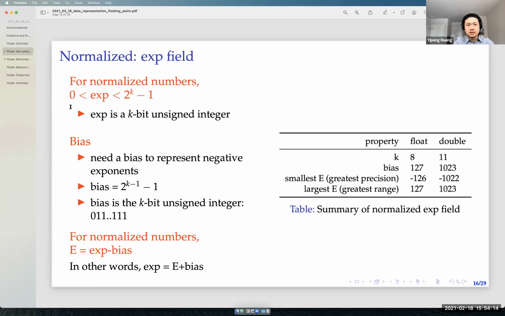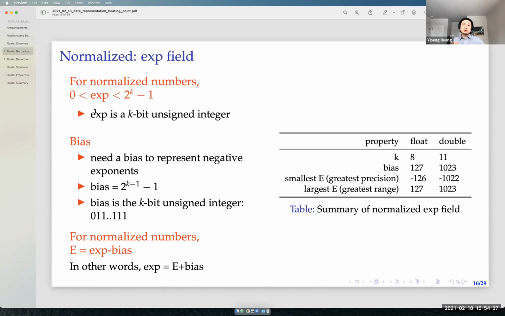EXP is used to encode the exponent, but here we encode it as a k-bit signed integer. And so long as the EXP field falls within this range, the floating point number is considered normalized.